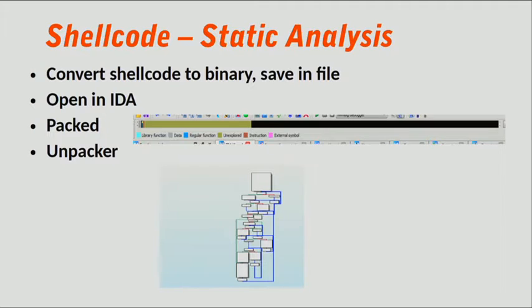The small blue line here is the part of the executable of the shellcode that IDA was able to interpret as proper x86 code, and the rest is uninterpreted, so the binary part which is packed. So we have an unpacker, which looks like this from the flow diagram. And it does the unpacking, so basically decrypting all of this and then running.